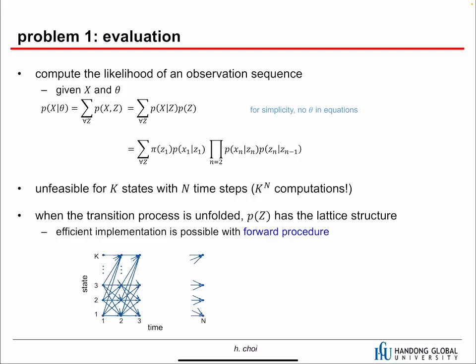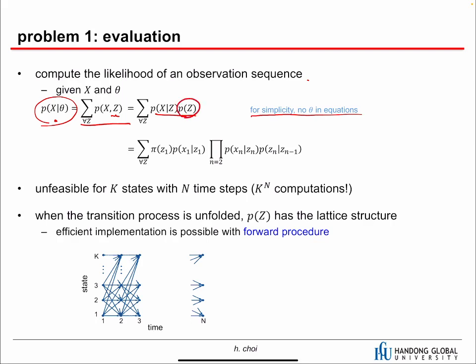Okay, first, evaluation. As I said, we want to compute the likelihood of an observation sequence. This one is what we want. And with this hidden latent variable, if we marginalize, then it's exactly the same as P of X. And then we can decompose this one. For simplicity, we don't put this theta in equations, but there is a theta everywhere.